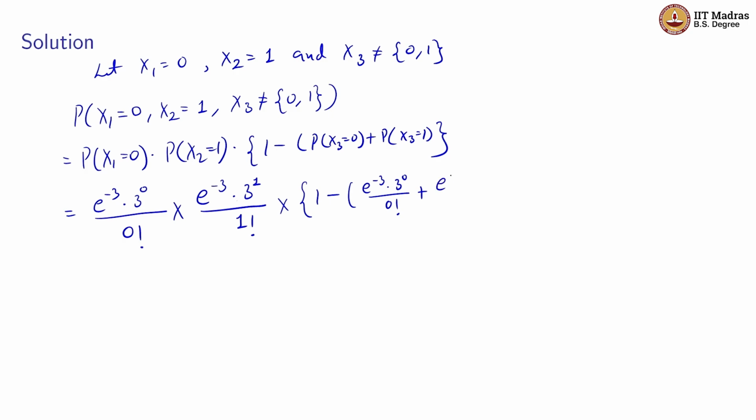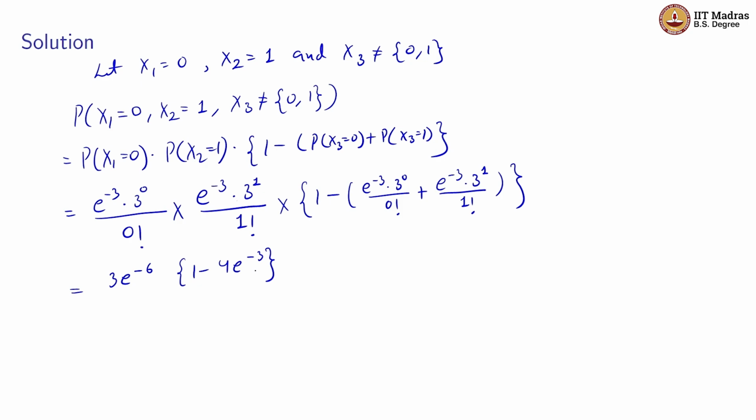So this will be e raised to the power minus 3 into 3 raised to the power 1 divided by 1 factorial. On further simplification, this is 3 into e raised to the power minus 6, and inside the bracket we have 1 minus 4 e raised to the power minus 3. So this is the joint probability that x1 is equal to 0, x2 is equal to 1 and x3 is not equal to 0 and 1.